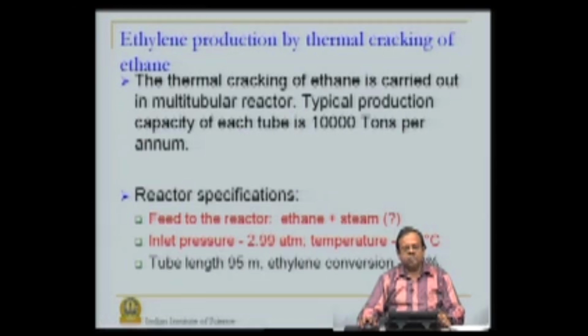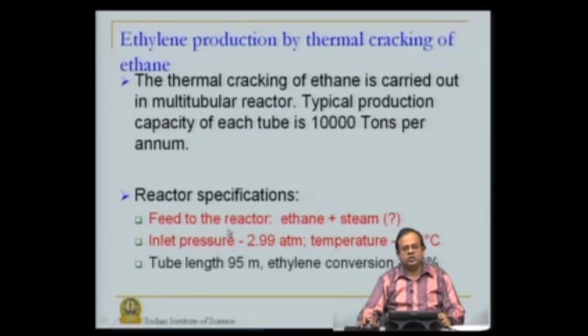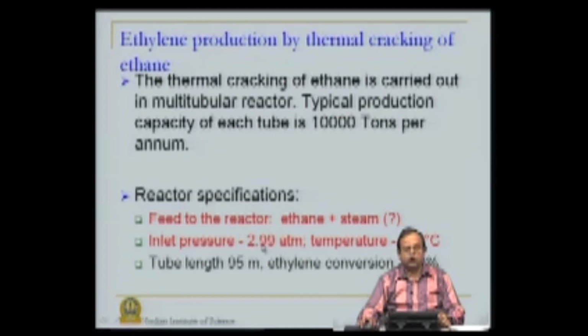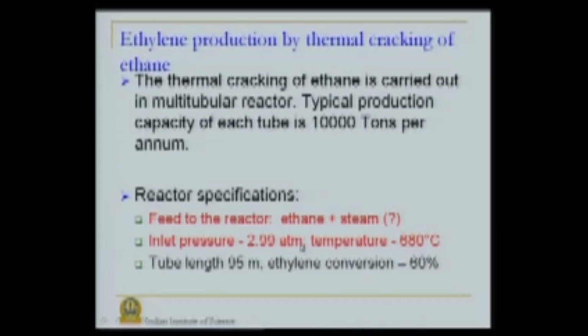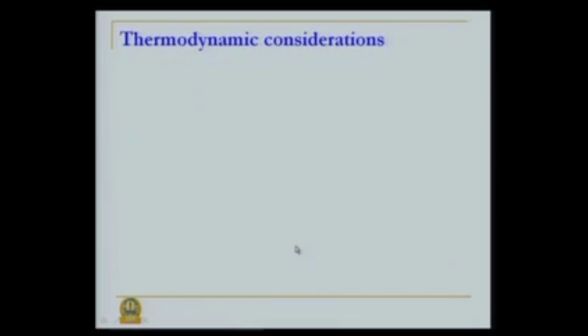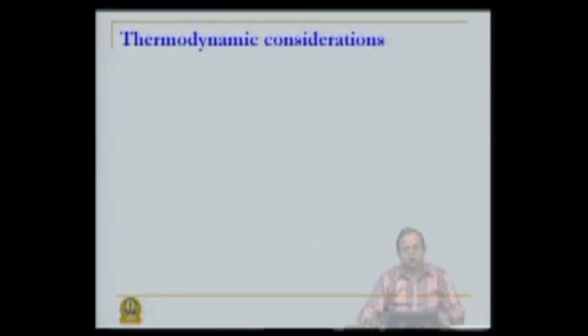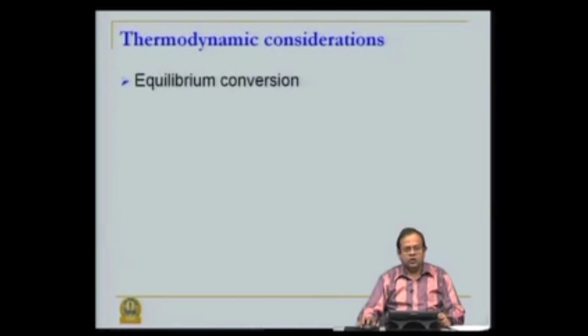Now, the question arises, why these conditions, why steam in the reactor, or why for that matter is the pressure only fairly low and the temperature high and so on. And this is where thermodynamics comes into the picture. Let us take an example and see how thermodynamics plays a role. So, we will look at equilibrium conversions in a reaction.